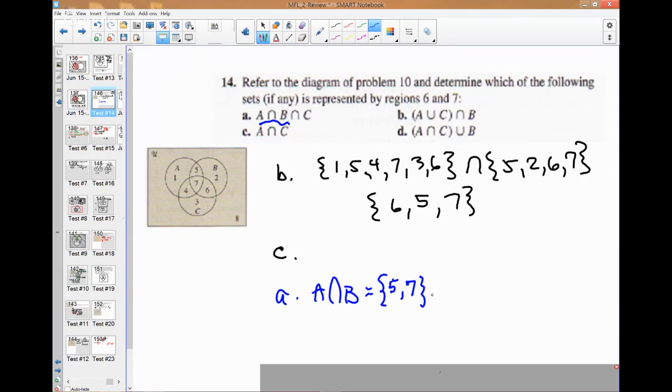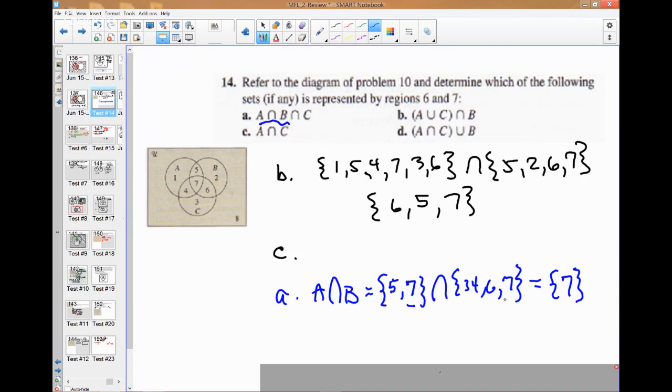Okay, now I've got to intersect that with C. And C is 3, 4, 6, 7. So what do I get when I intersect those two? Only 7, right?